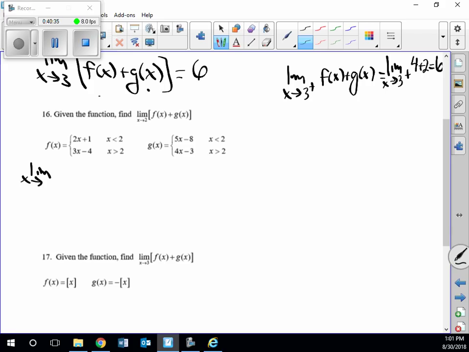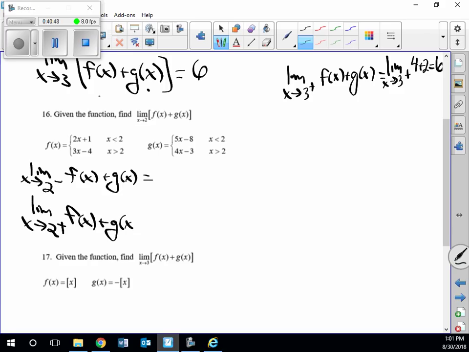So let's consider the limit as x goes to 2 from the left of f plus g, and the limit as x goes to 2 from the right of f plus g. So I'm looking at the individual one-sided limits, and this time I'm going to have to replace f coming from 2 from the left. F is going to be less than 2. It's going to be 2x plus 1.